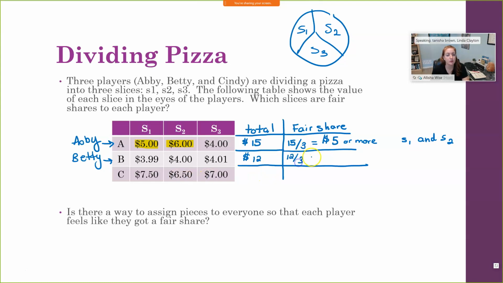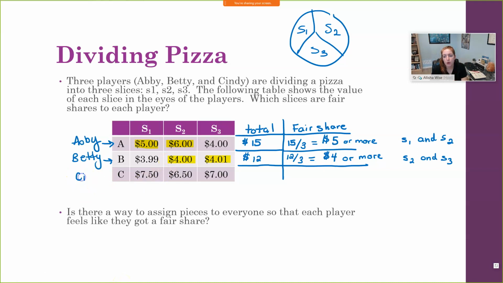The number of slices, which is 3. So Betty's fair share is $4 or more. So what slices would be fair shares for Betty? S2 and S3 would work. S1 would not because it's below that $4. Okay, so S2 and S3 are fair shares. So we couldn't give her S1.